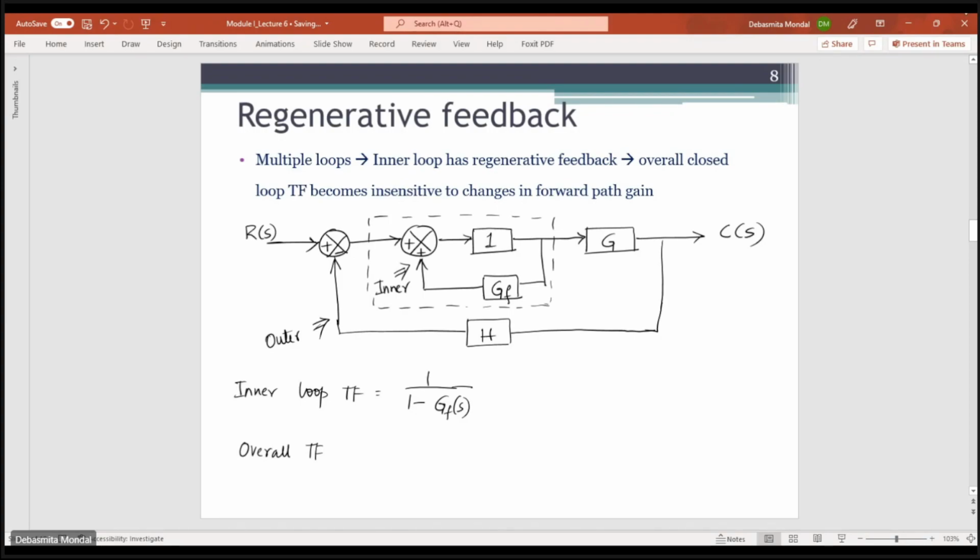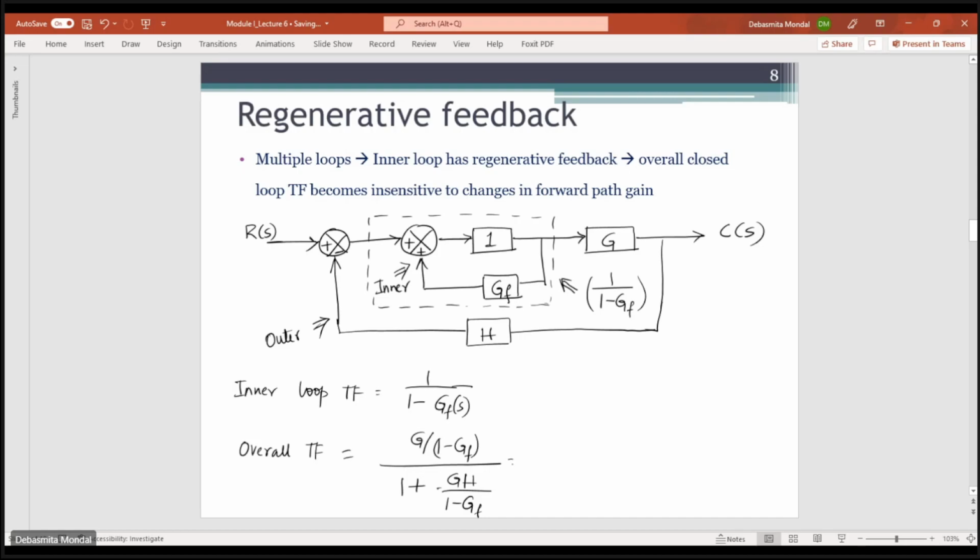The overall transfer function will be equal to G by (1 minus GF) divided by 1 plus GH by (1 minus GF), which will be equal to G by 1 minus GF plus GH. So this is the overall transfer function.